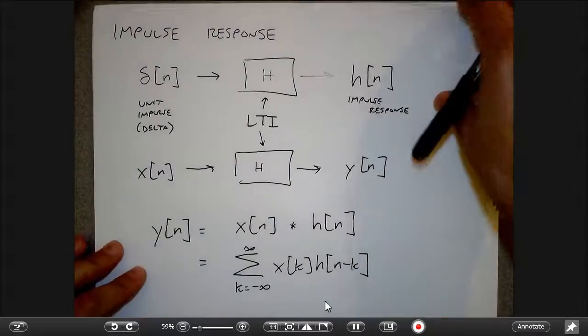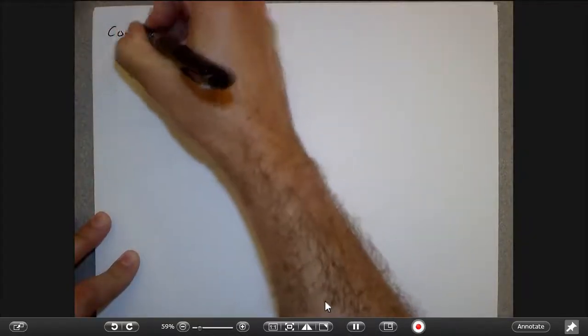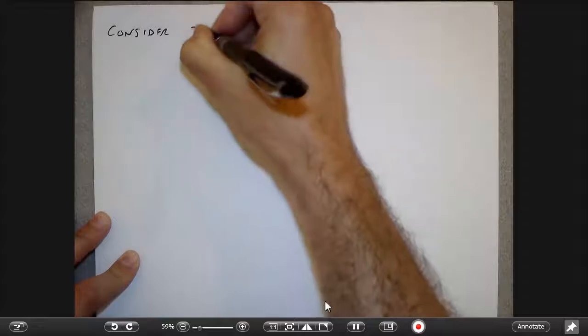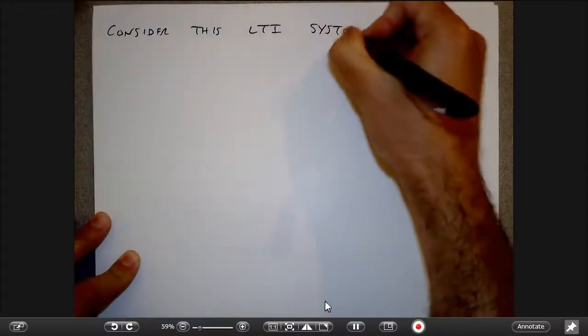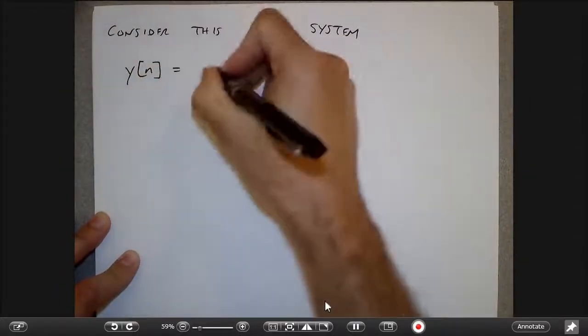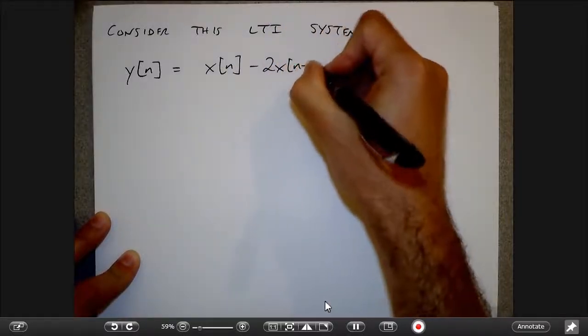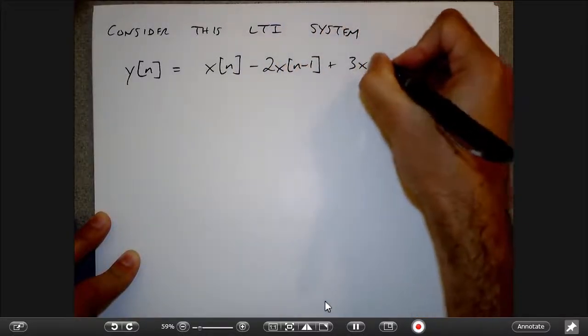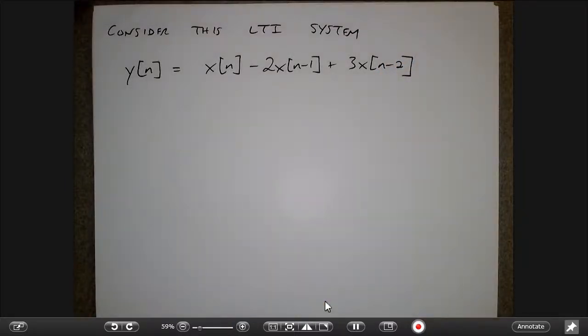So let's look at a single system in a bunch of different ways. Let's consider this LTI system. You're going to take my word for it that this system is in fact LTI. One of the homework problems, for example, is to take a system and prove whether or not it's linear and time invariant. This one is linear and time invariant.